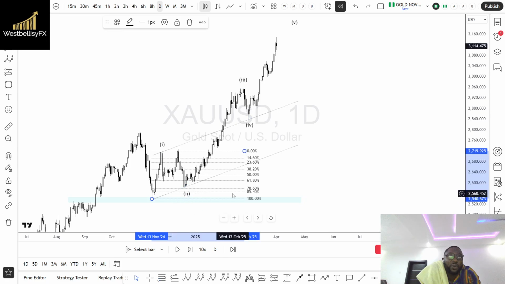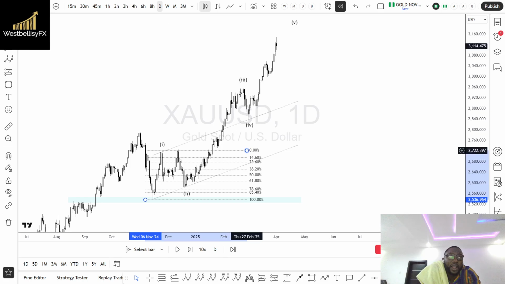You can see that this ends at 78.6% Fib retracement level, right? You can see it here. Or we can as well use the 61.8% ratio. Like I said, Fibonacci retracement or Fib extension are just guidelines, not strict rules. Now you can see the endpoint of this, so we can use either of the two.